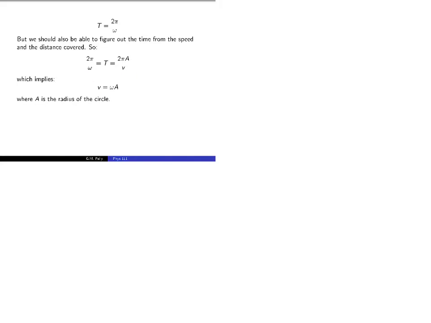Comparing these, we see that v is equal to omega a, where a is the radius of the circle. In fact, we saw this relation earlier when we calculated the speed. Since a is the radius of the circle, we usually write it as capital R, and so you will often see this relation written as v is equal to omega r.